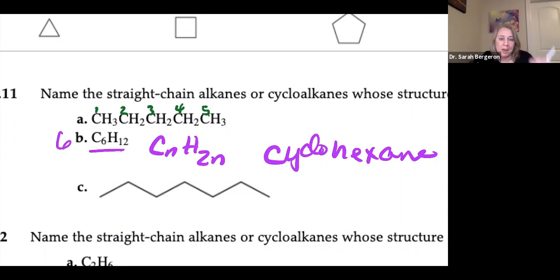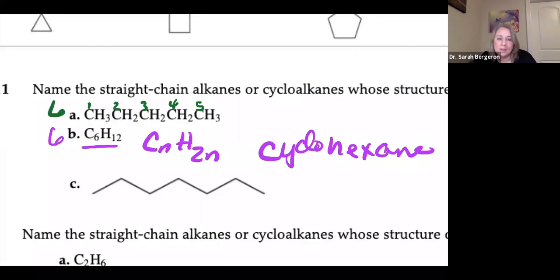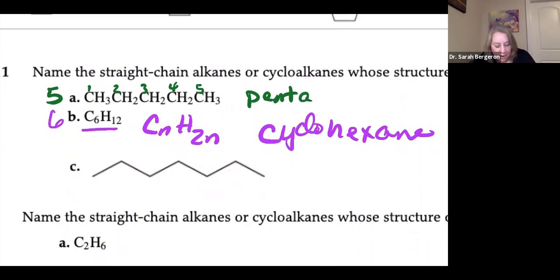So like A and B, I know we're going to be straight chains. So if I have 6, no, I don't have 6, I have 5. If I have 5 carbons, that is going to be pent. And then it's a straight chain and it's saturated with hydrogens, right? Because I see every carbon has single bonds. So that's pentane.